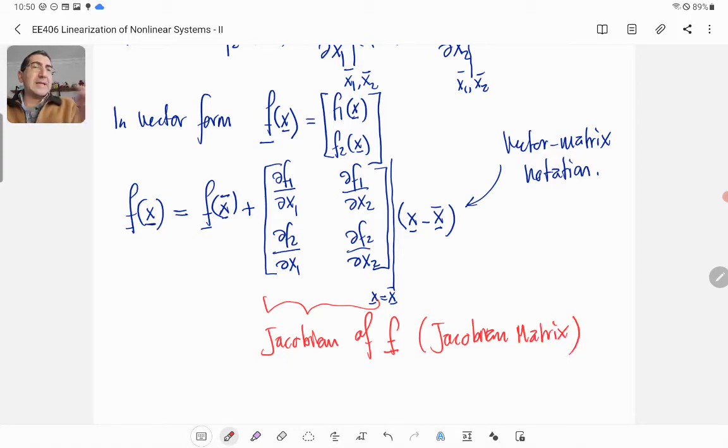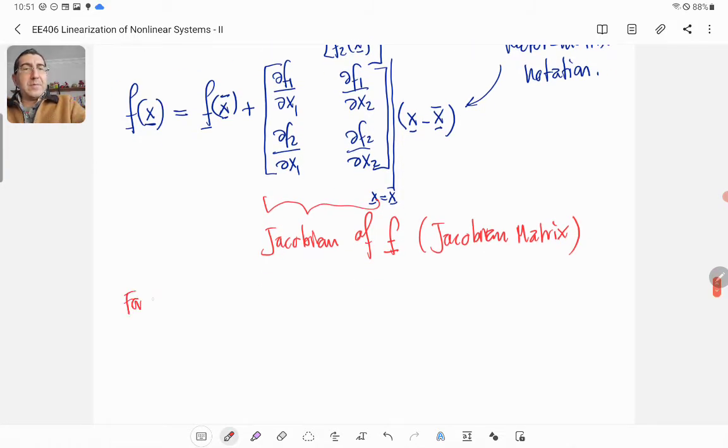So you see that on the rows you have the parts of the vector function. The first row is f1, the second row is f2 up to fn, and the columns are with respect to each one of the independent variables. So the first column is with respect to x1, the second column is with respect to x2 and up to xn.